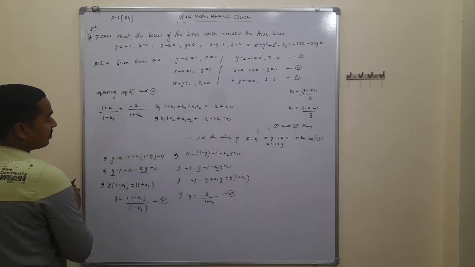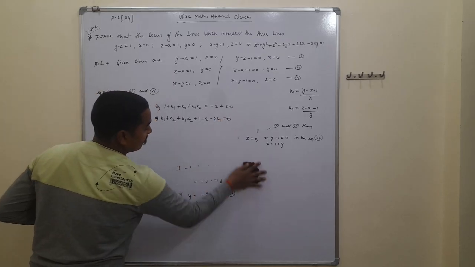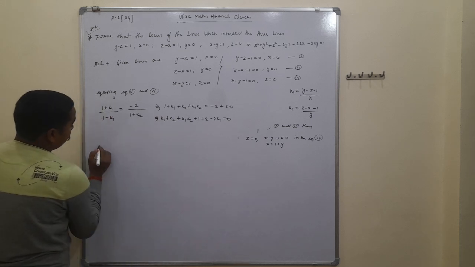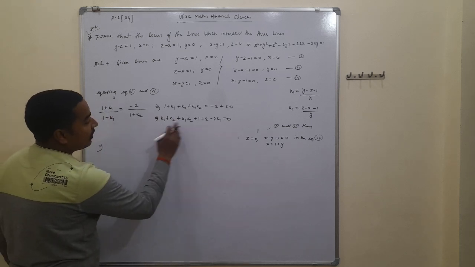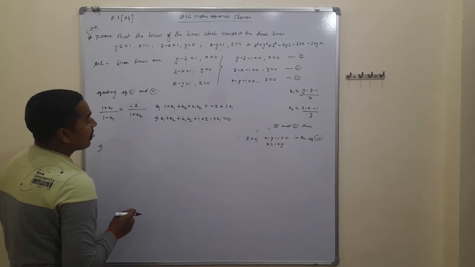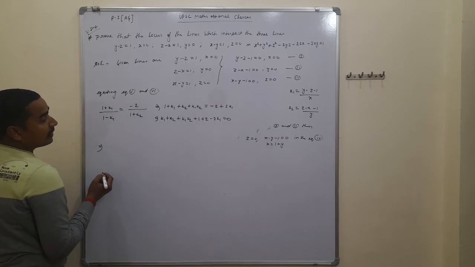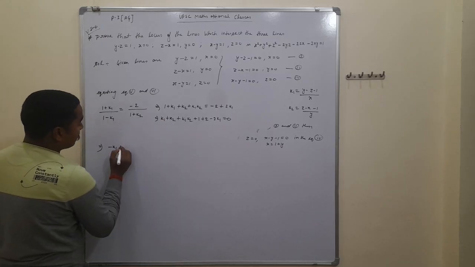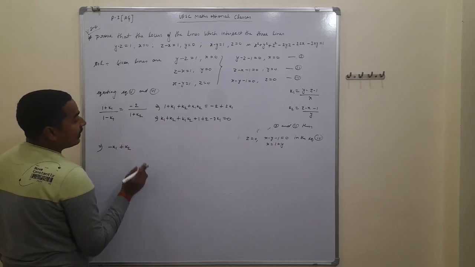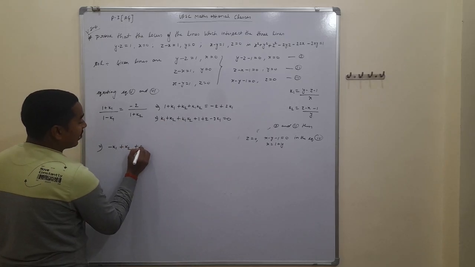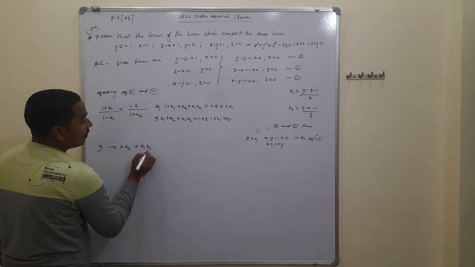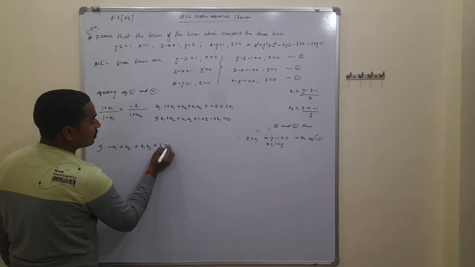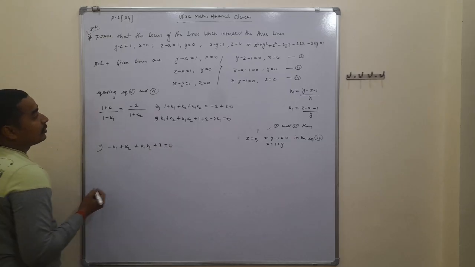Then the remaining is k1 minus 2k1, that is minus k1, and here is plus k2 and plus k1 k2, and here 2 plus 1 is 3, equal to 0. Let this be equation 7.